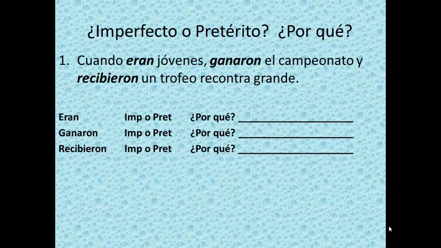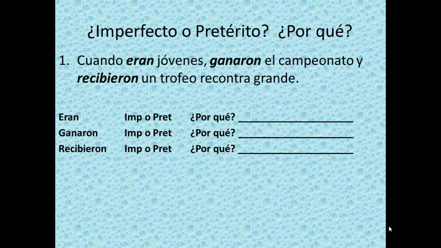Okay, so let's look at some of these practices. Imperfecto or pretérito y por qué. Cuando eran jóvenes, ganaron el campeonato y recibieron un trofeo recontra grande. So I went ahead and put these in Spanish so you don't have to worry about the translations.